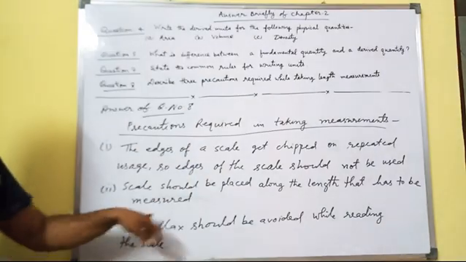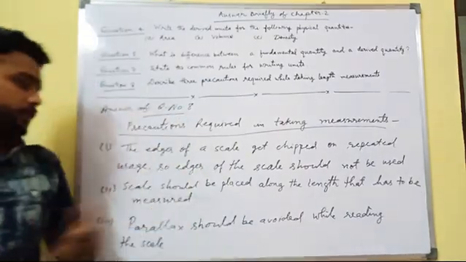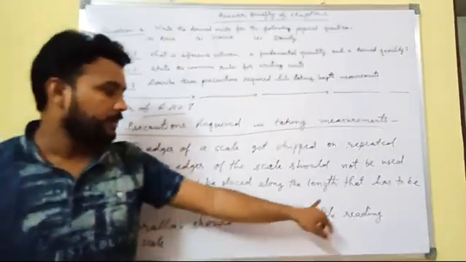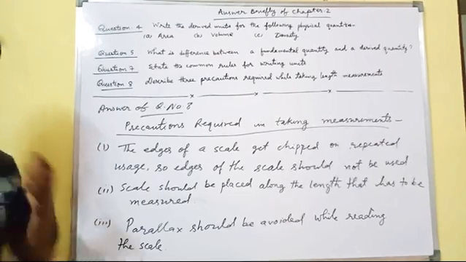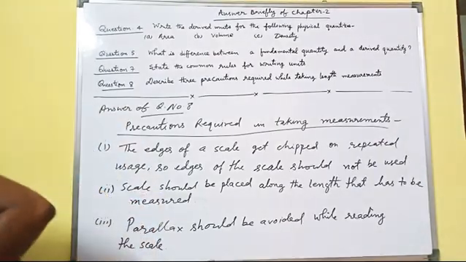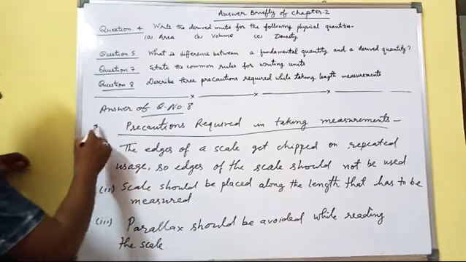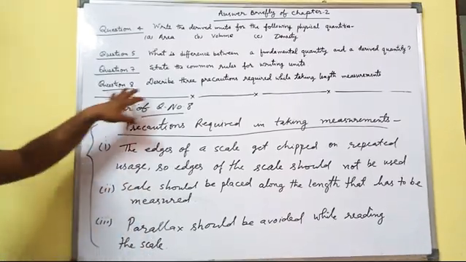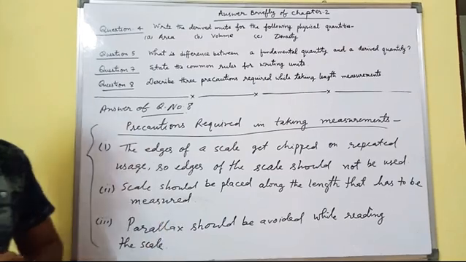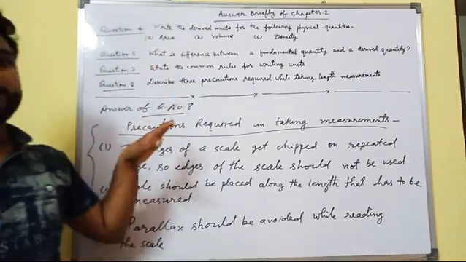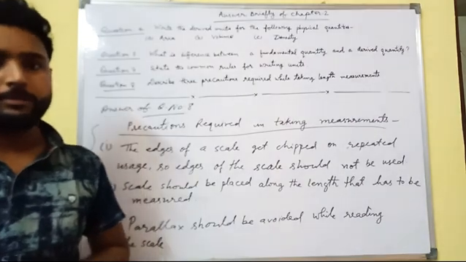And third, parallax should be avoided while reading the scale. So these 3 points will be the answer of question number 8. You can write the answers of questions 4, 5, 7 and 8 using this video. Thank you.